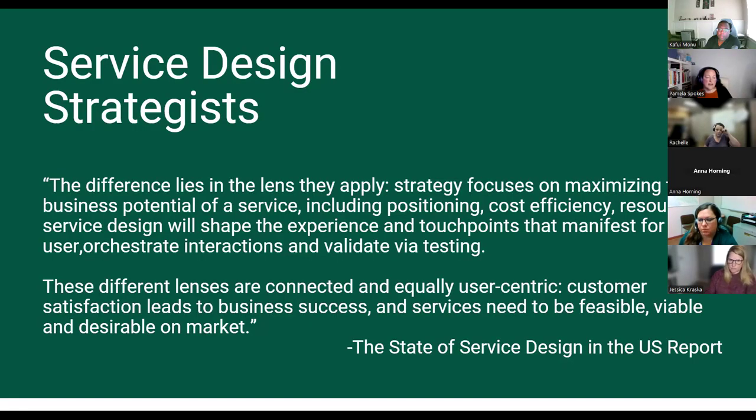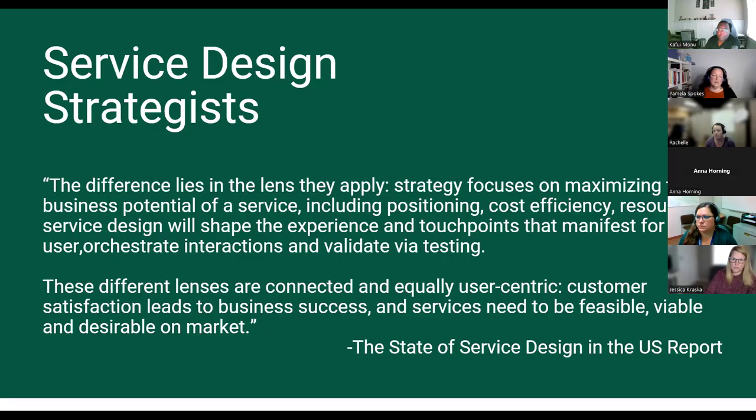And it's really important to understand that these things are connected. It's really important that customer satisfaction leads to business success, understanding the connection between those two things, and understanding that the services need to be feasible and viable and desirable, what they call the design balance.